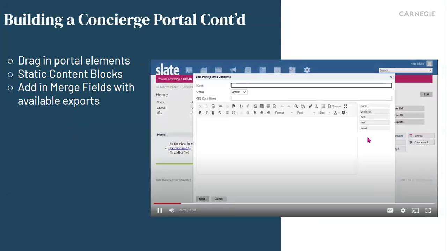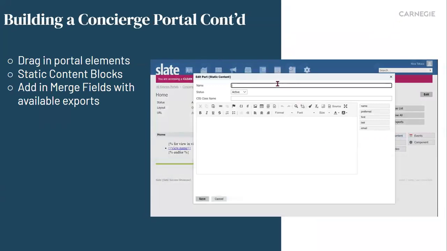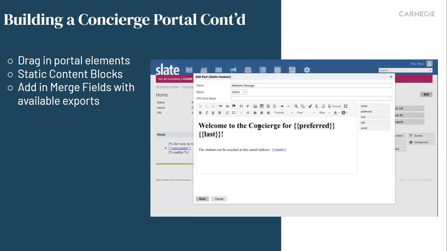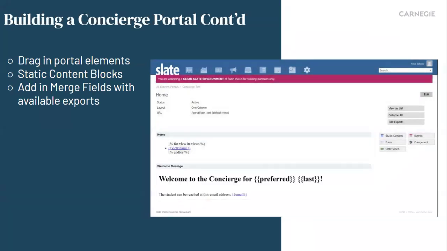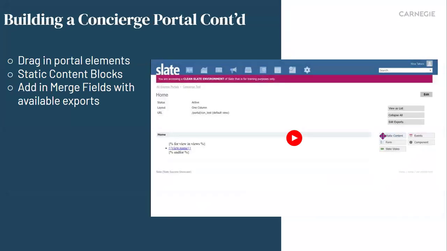After you've added your exports, drag in any portal elements from the right side of the interface. In this example, we're using a static content block, which will allow us to merge in the exports we just built. The merge field added here will display based on the data present on the record the user is looking up within Concierge.